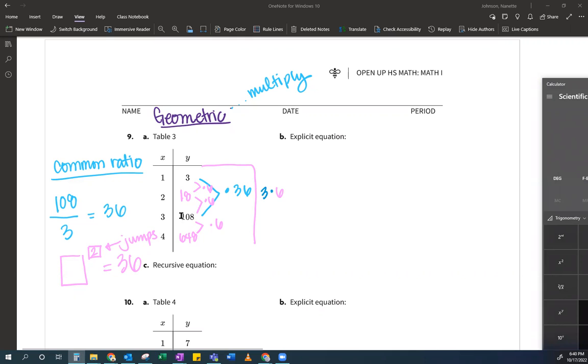And I'm going to write this one as, again, 3 times, and then 6 times 6. Because I like those 6s, because that'll help me write my explicit term and my recursive equation. And last but not least, I'm going to write this again as 3 and then times 6 times 6 times 6.